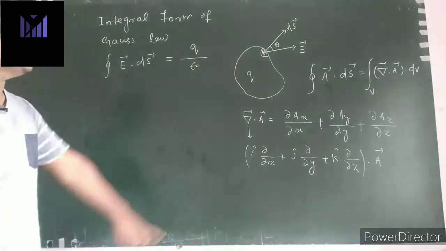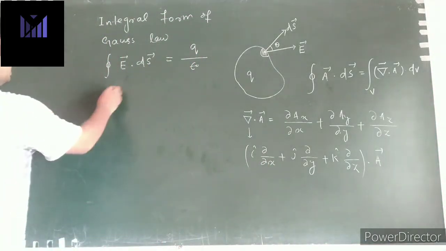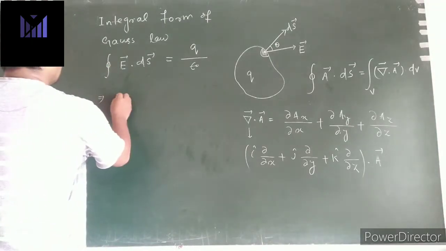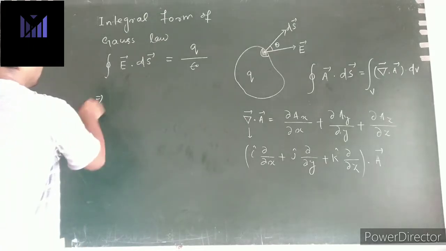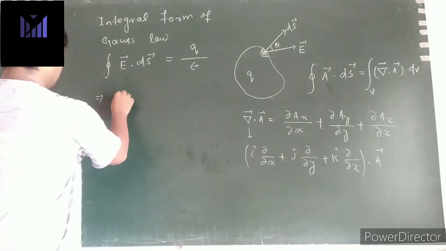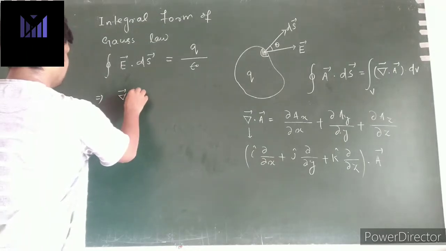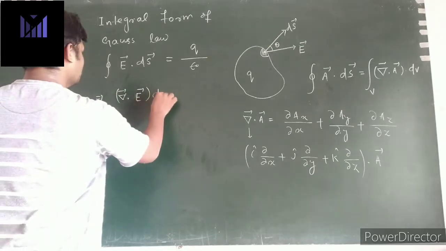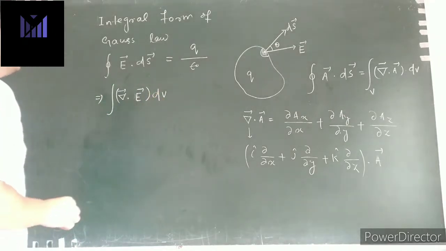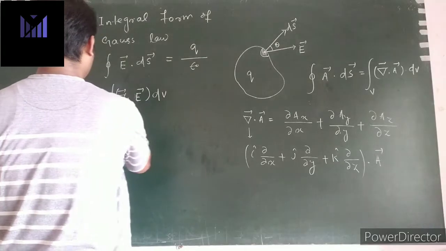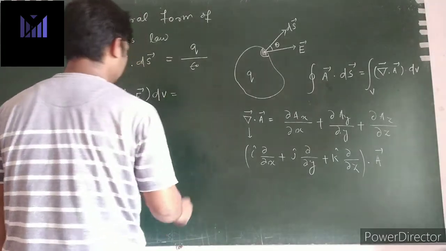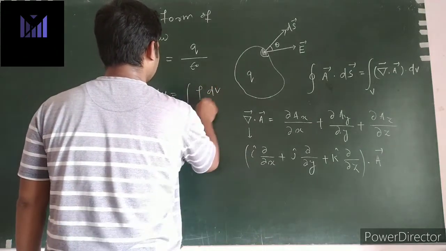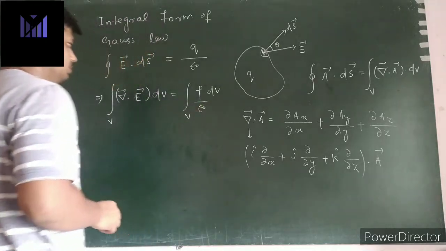If we use that theorem here, the surface integration of the electric field can be written as the volume integration of divergence of E into dV, which is equal to the volume integration of rho dV by epsilon naught.